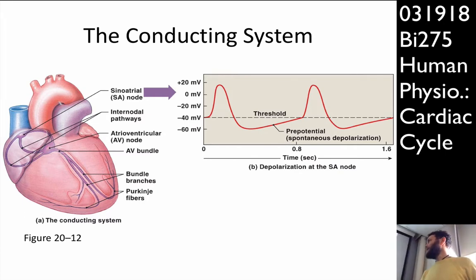Well, what's happening here is the sodium potassium ATPase is constitutively functioning, but these leak channels are spontaneously depolarizing the cell. Then you hit the threshold, which is a little bit different in a myocardiocyte. It's only minus 40.